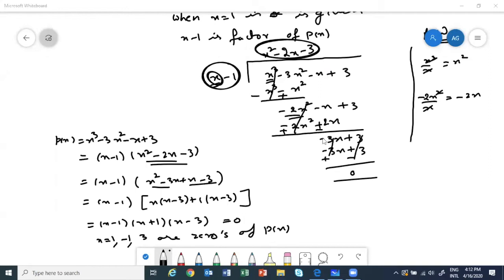So, is there anybody who doesn't know how to divide a polynomial? Please let me know, students. If you don't know, we can discuss here. Swati, what's your doubt? Please write if you have any doubt.